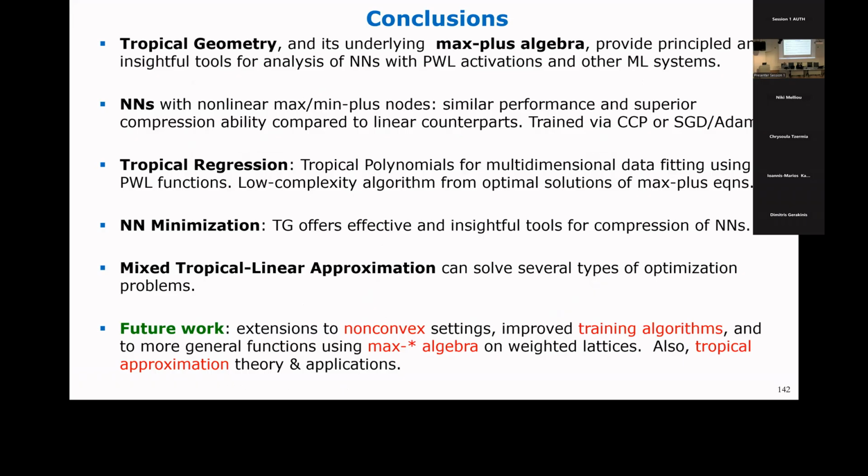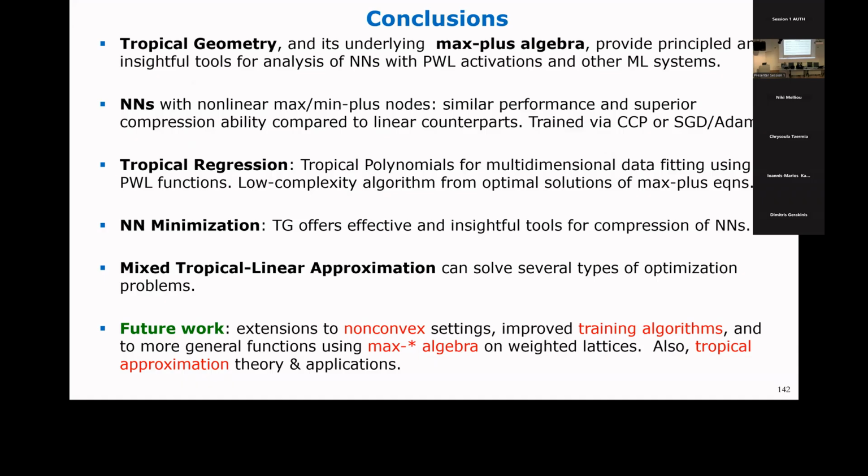In a special case of neural nets, where instead of having nonlinear activations, we replace them with max plus neurons, they can have similar performance with linear neurons, sometimes perhaps better, but let us stay with a similar performance, but superior compression ability and sometimes faster training.